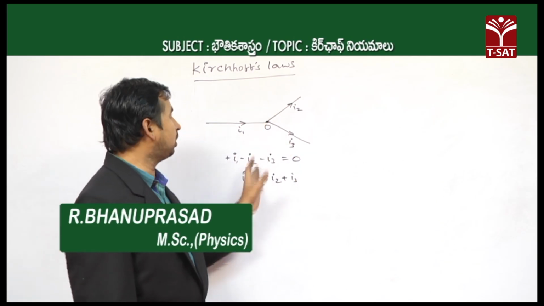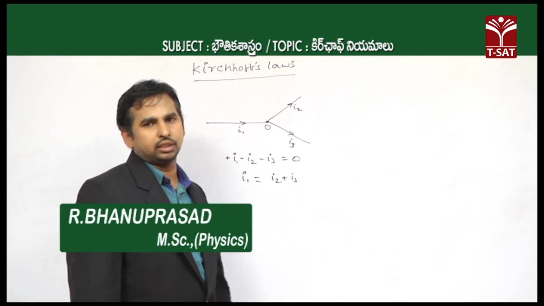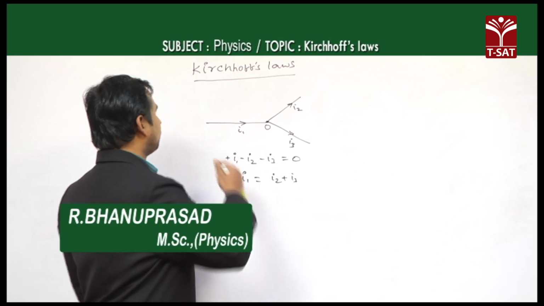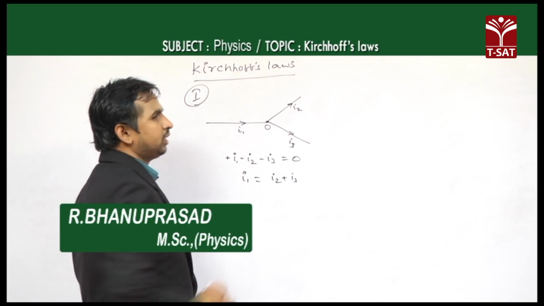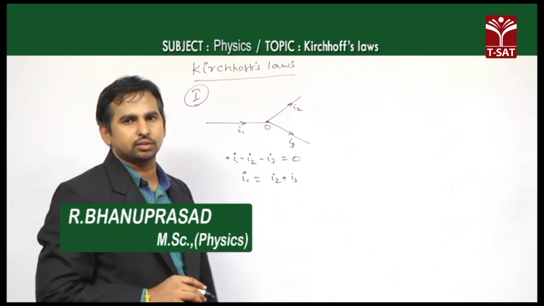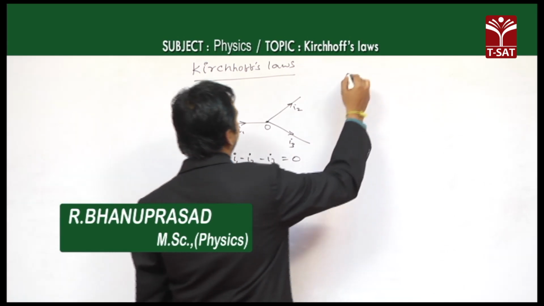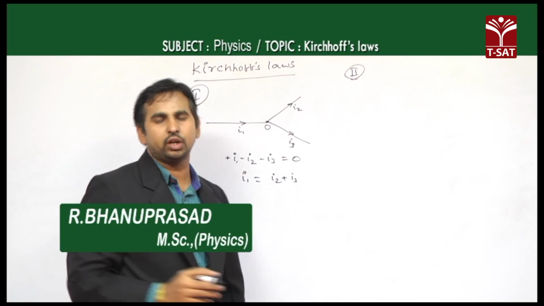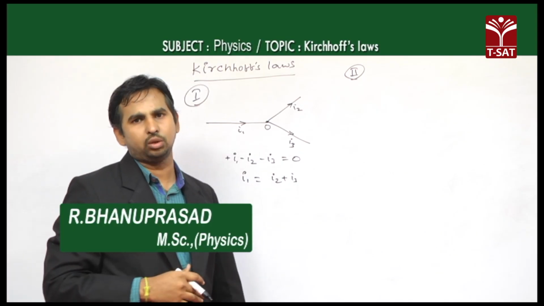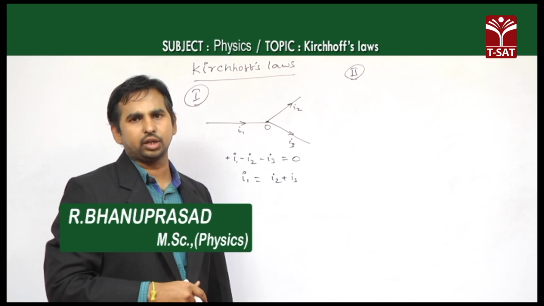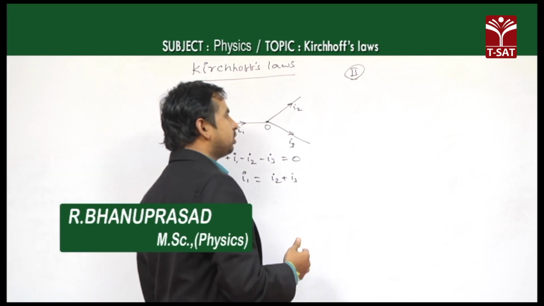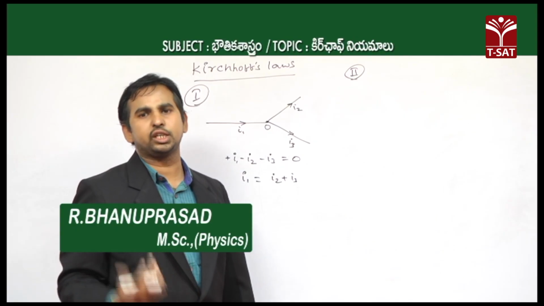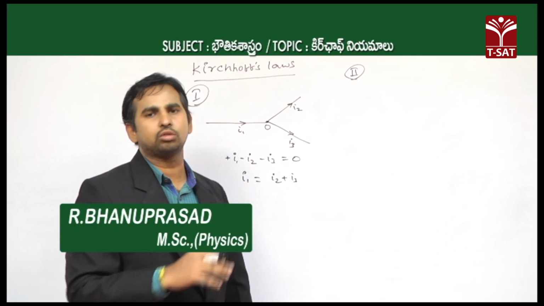This is called the Kirchhoff current law, or the junction law. And we have one more, the voltage law. According to the voltage law, when you consider any closed circuit, there are potential difference changes inside that closed circuit.